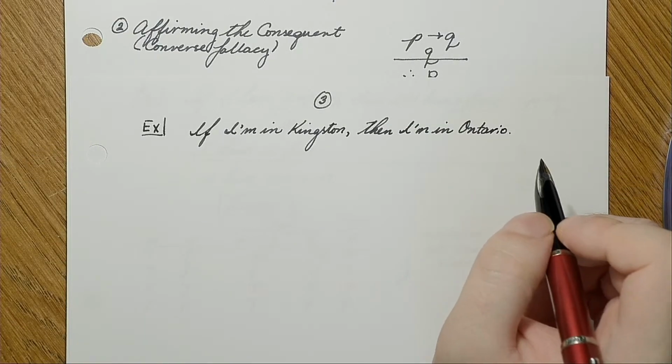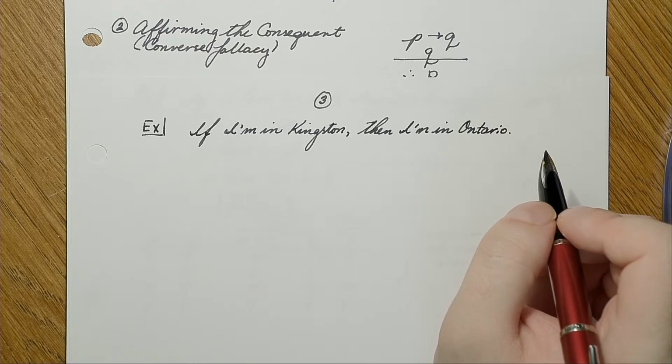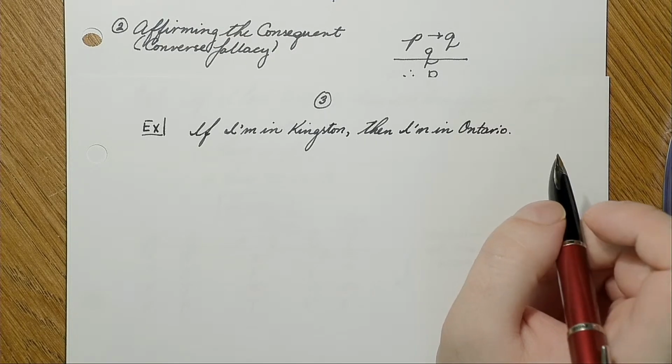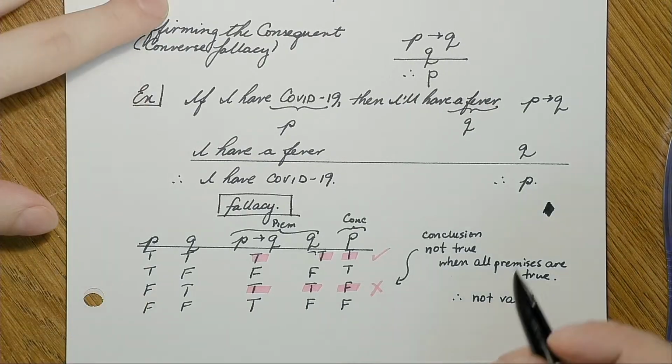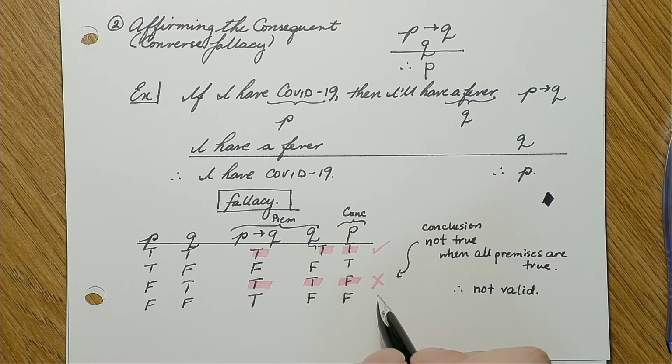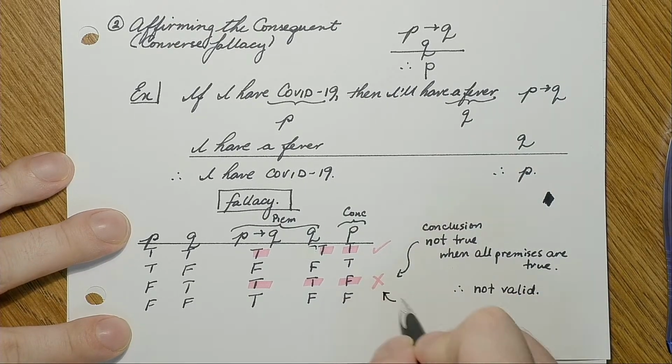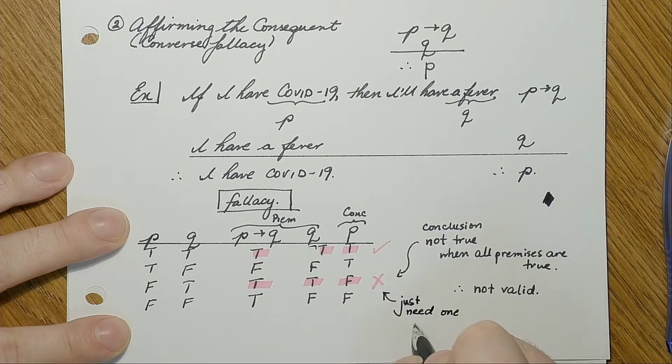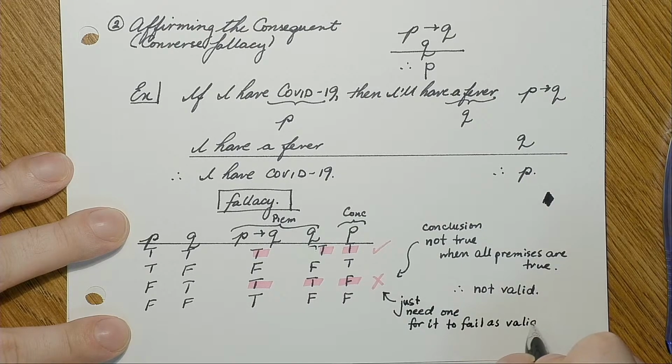Again, that's true. Oh, so if the premises are both true but the conclusion is false, it's a fallacy? Yes, that's correct. So you only have to have one case where it fails, where it becomes no longer a valid argument. You just need one for it to fail as valid.